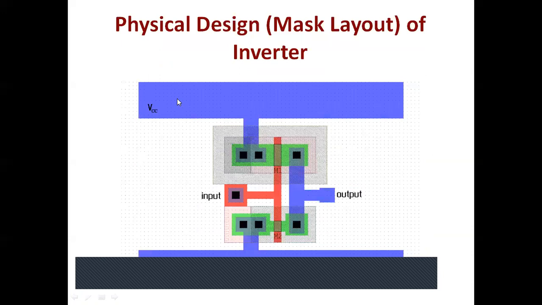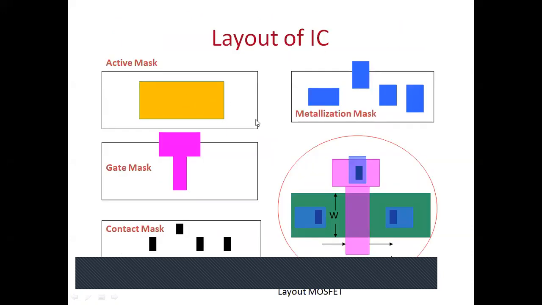So in this way, NMOS and PMOS transistors are fabricated. There are various steps and processes: oxidation, lithography, etching, deposition, ion implantation, and by applying all these processes, we create the NMOS transistor and PMOS transistor.